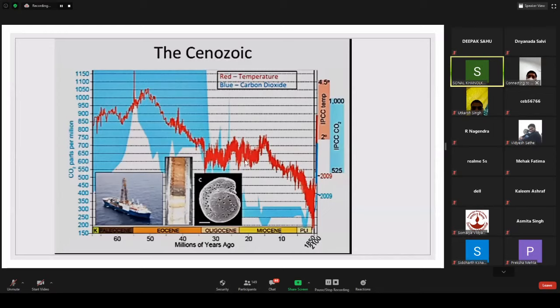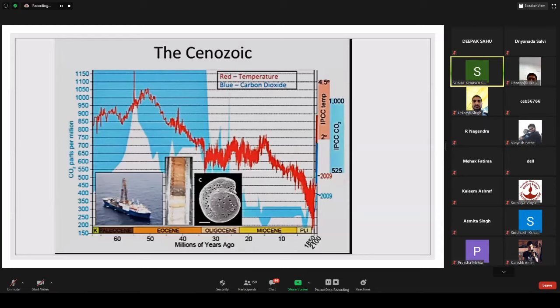We do the chemistry of the shells of these microfossils. You come up with the isotope ratios, which help in determining the temperature at which the ocean sediments were deposited, and thus the temperature of the seawater at which they were deposited, and thus we know a fair bit about what the climate was.